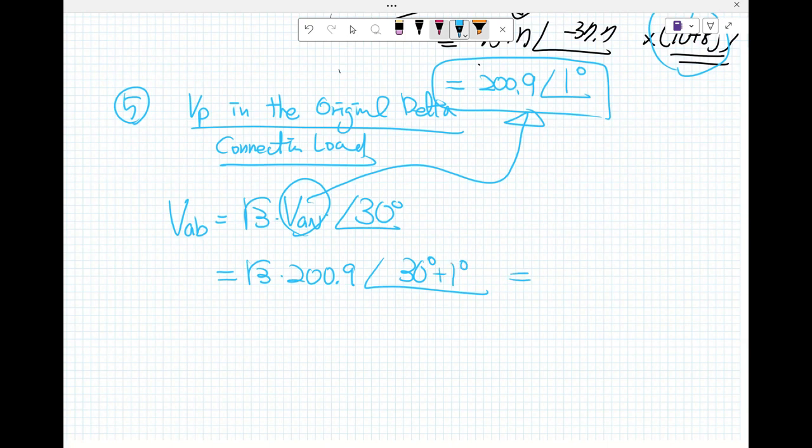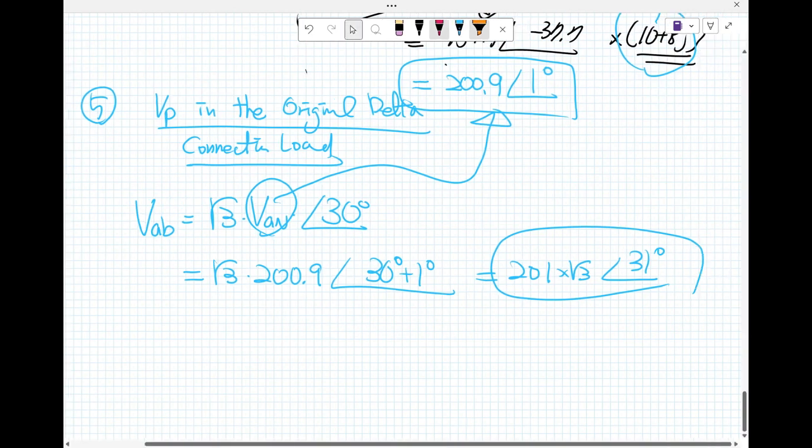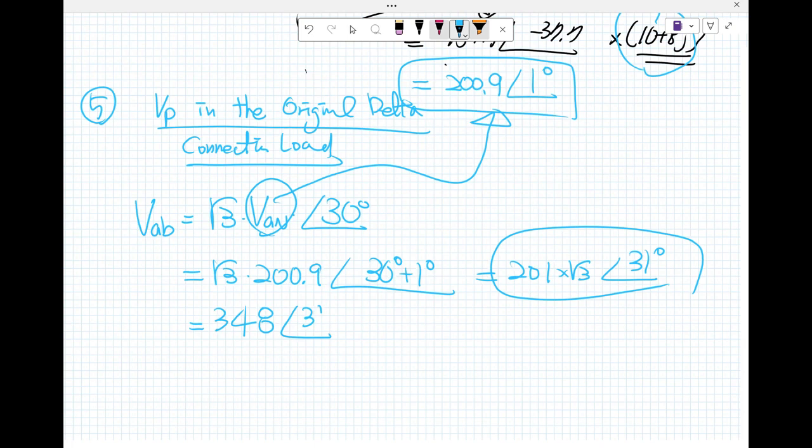So that was 201 multiplied by root 3, at 31 degrees. Okay. That was my answer.